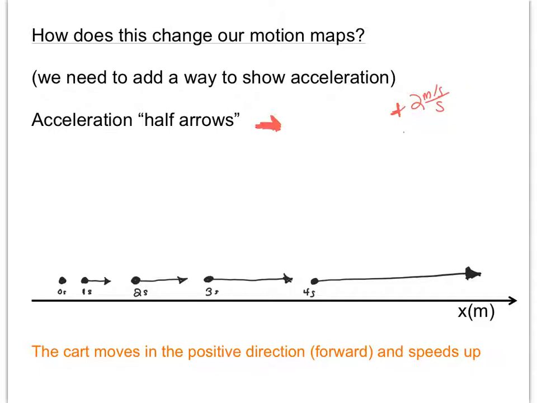So here, this dot will get plus 2 meters per second squared. So will this dot, the 1 second dot, gets a plus 2 meters per second squared. This dot will also get one.